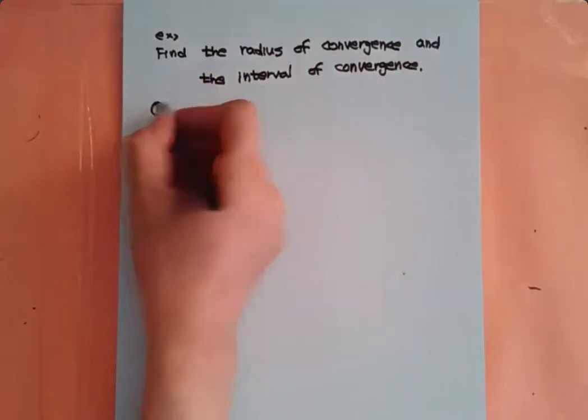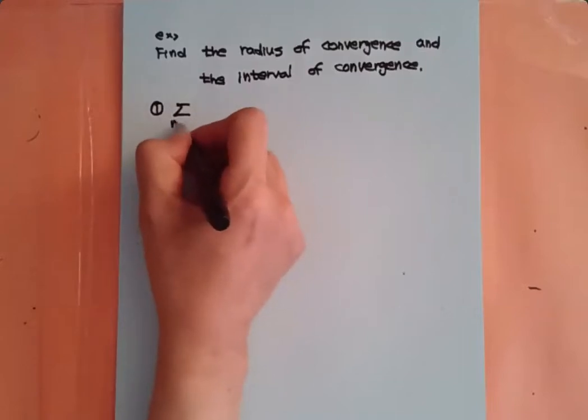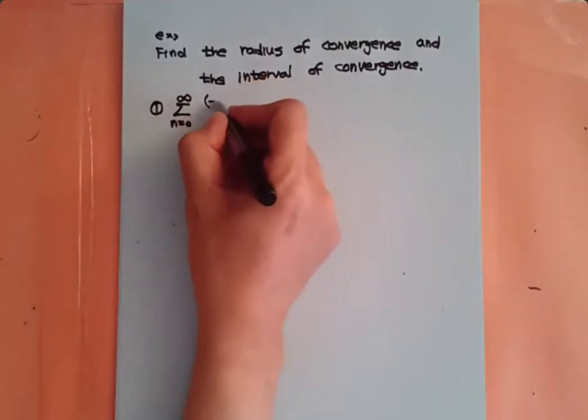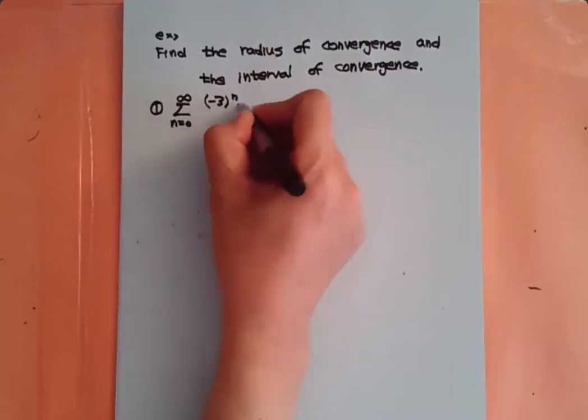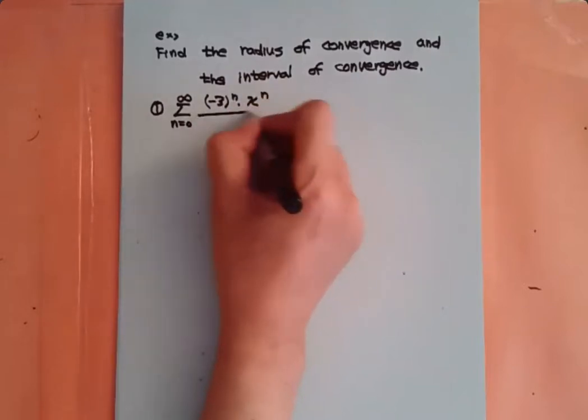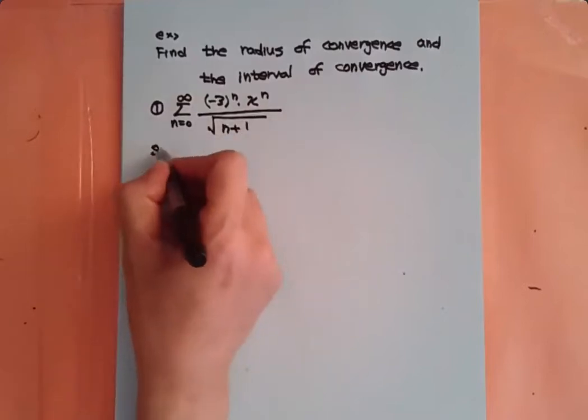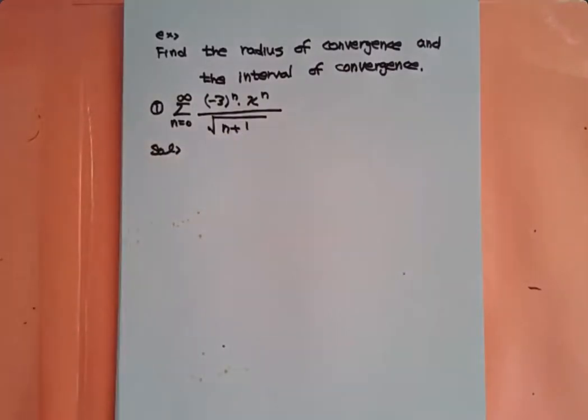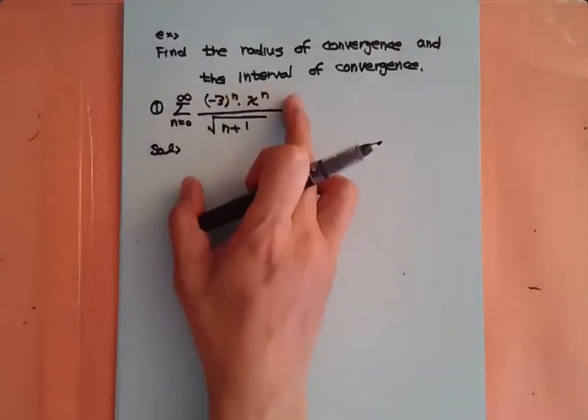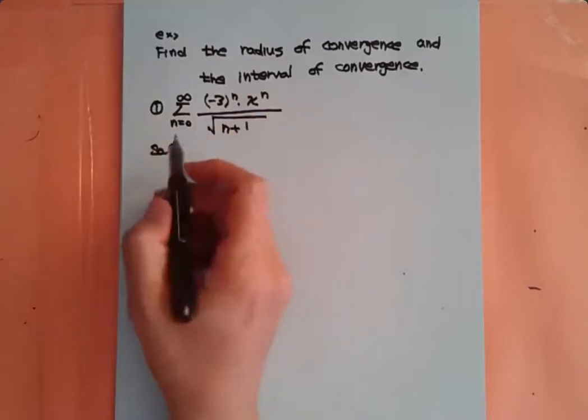So the first example is the summation n equals 0 to infinity of negative 3 to the n power times x to the n power over square root of n plus 1. We cannot use the root test even though we have an n power, because of the denominator.